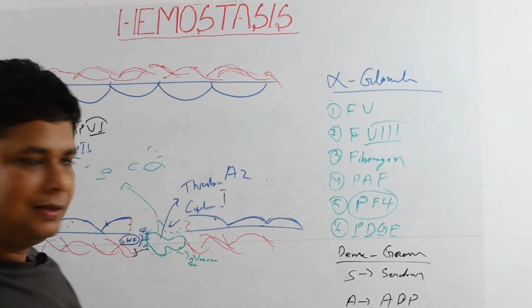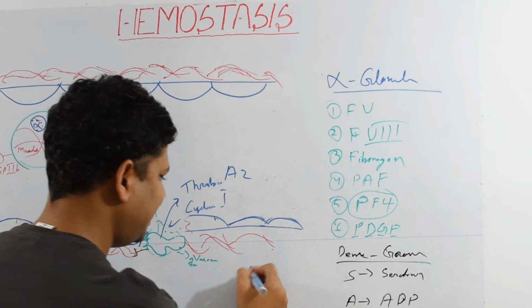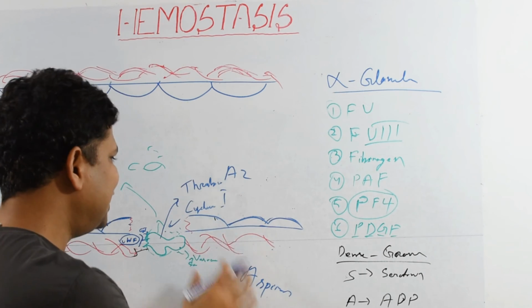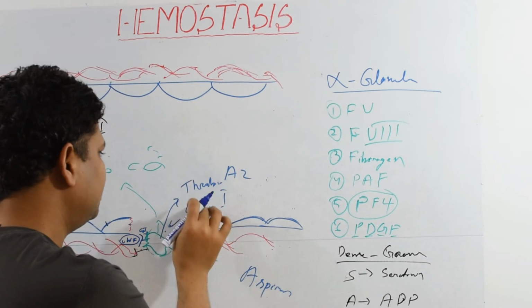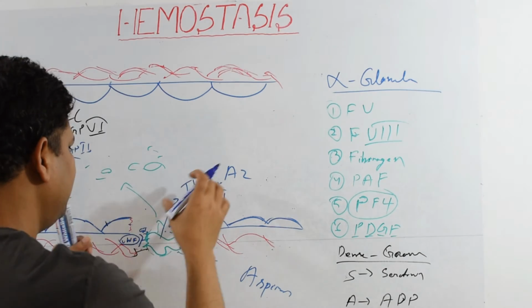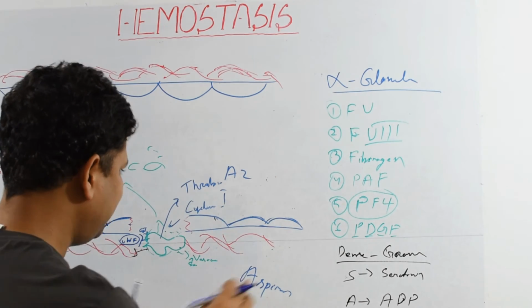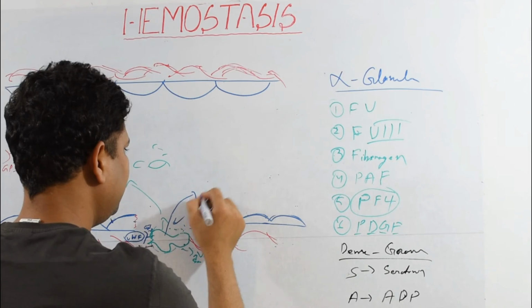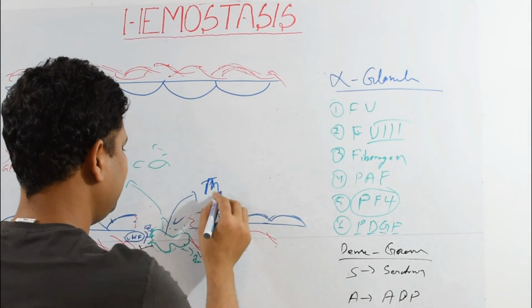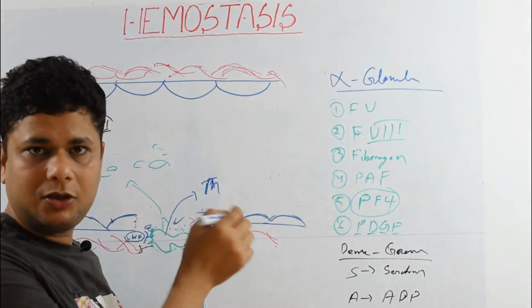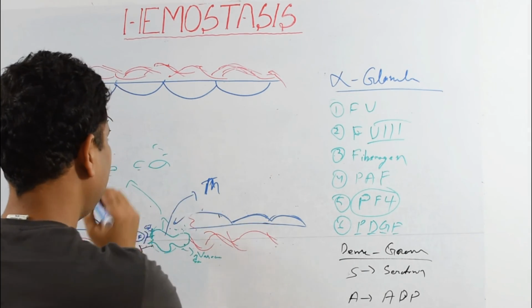Because there are some drugs like aspirin. Aspirin inhibits cyclooxygenase so that thromboxane A2 is not formed. That is why aspirin is used as a blood thinner, because thromboxane is also secreted from the activated platelet. This thromboxane will also activate platelets.